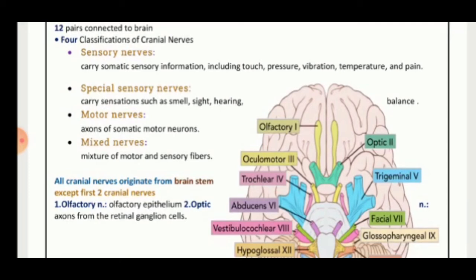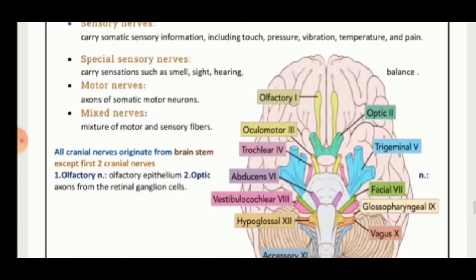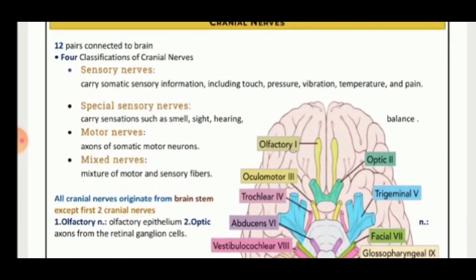This is a special sensory. Or a motor nerve that carries impulses from the brain to the organ. And finally, these nerves may be mixed nerves, carrying both types, either motor or sensory. So cranial nerves, which are 12 pairs, may be one of these 4 classifications.